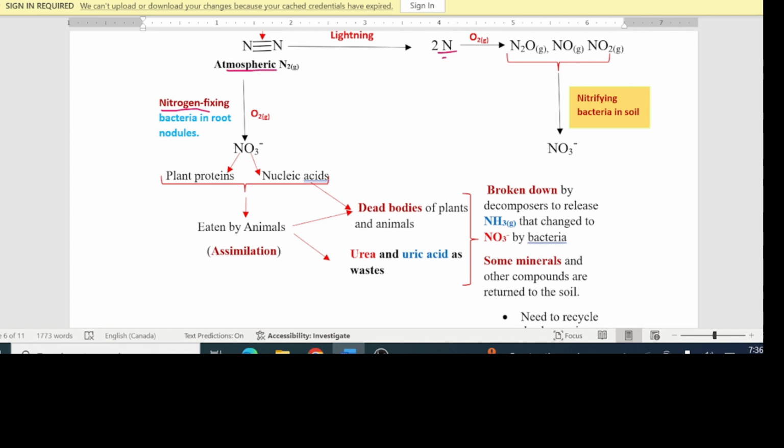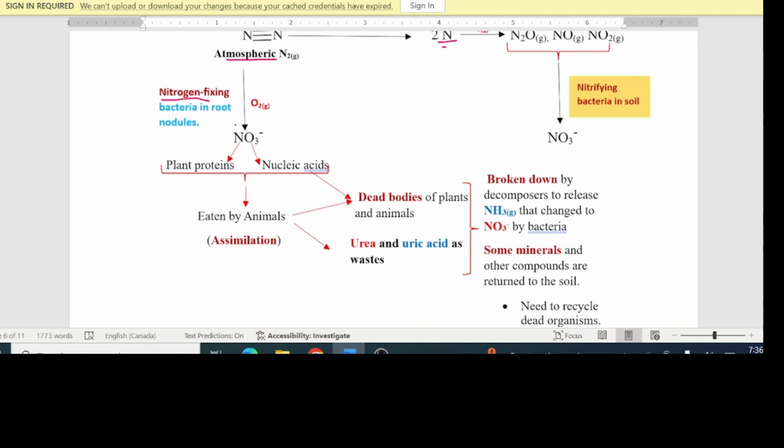So what will happen now? Again, the bacteria will use some of the nitrate ions for their own metabolism, and whatever is left in the soil is then used by the plant to make their proteins and nucleic acid.